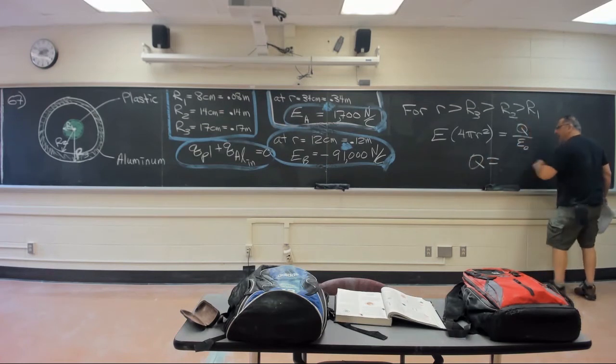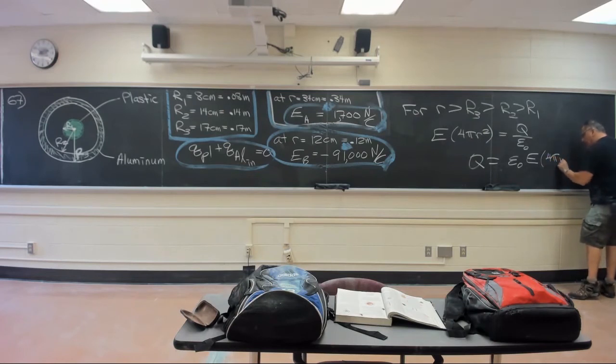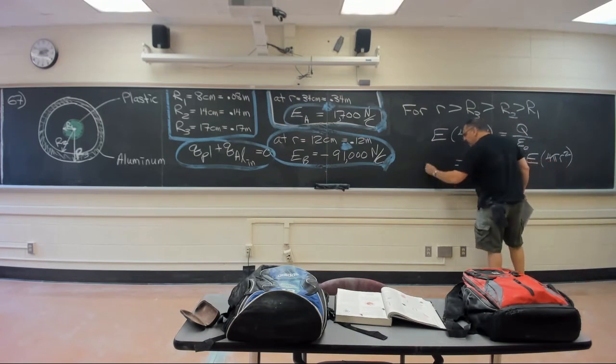I want the mathematics to lead me to where Q is. And that's going to be epsilon naught E times 4 pi r squared, and r squared is a big number. And that Q is what's on the outer surface of the aluminum, Q aluminum out.